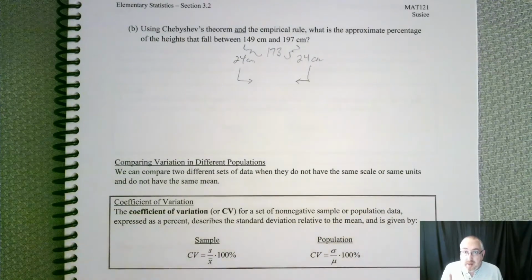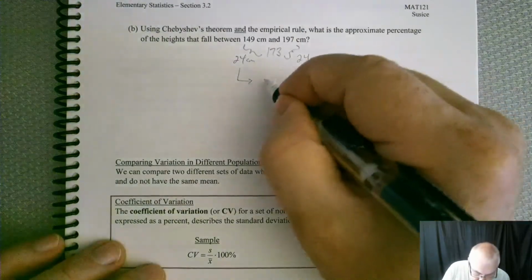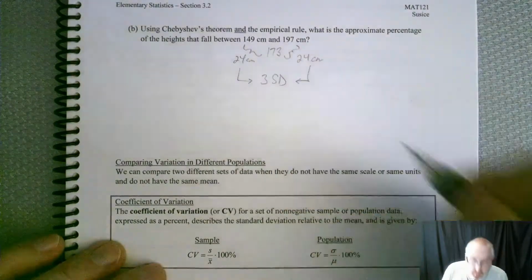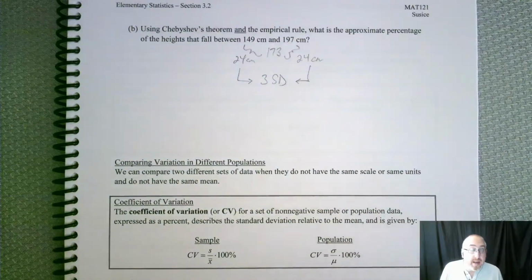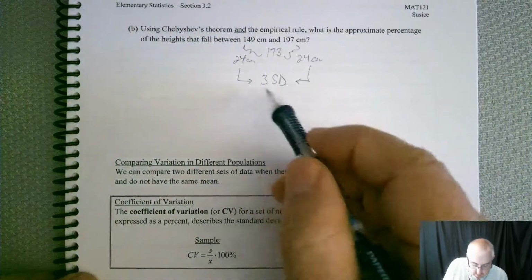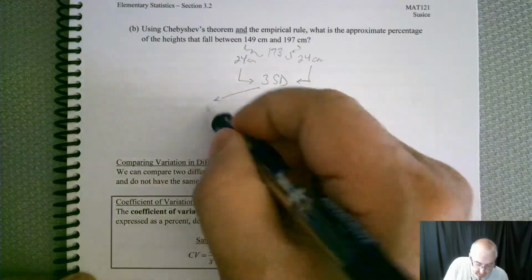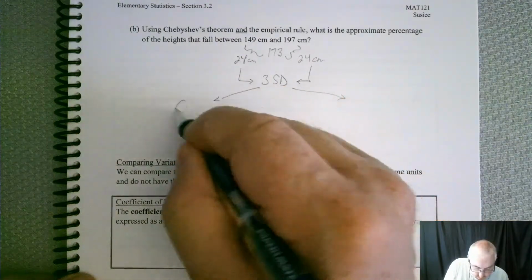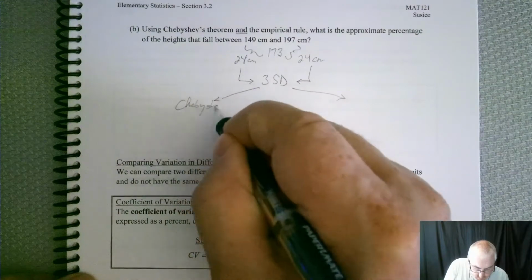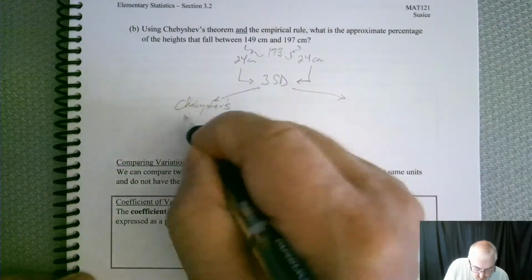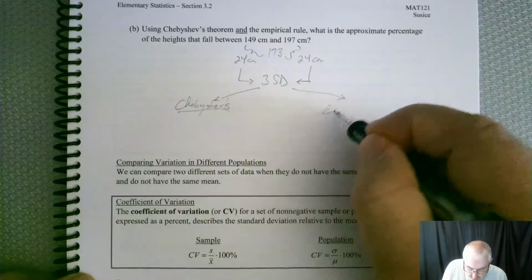Remember, 1 standard deviation was 8 units. So 24 has got to be 3. So this is 3 standard deviations away. And now we have to split it. We've got Chebyshev's, and we've got the empirical rule.